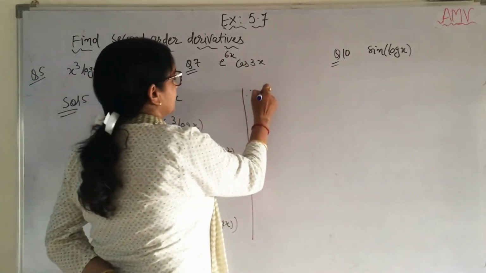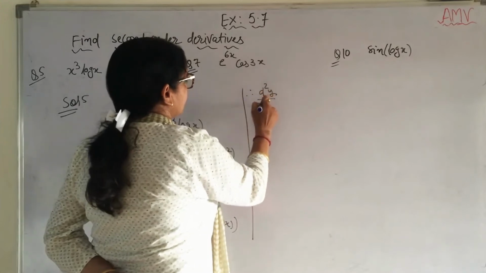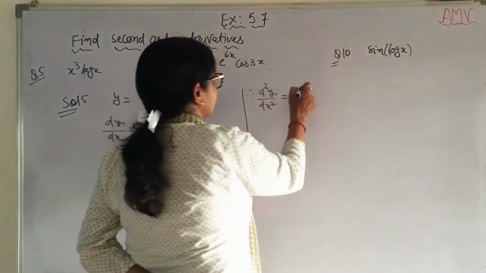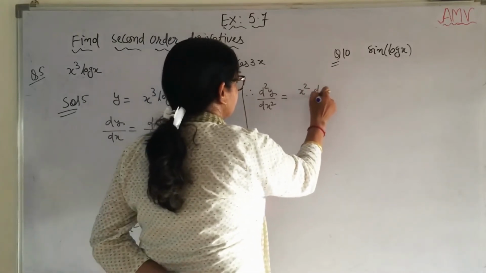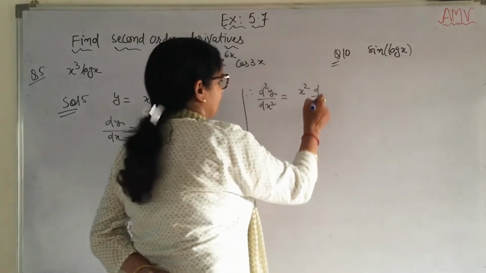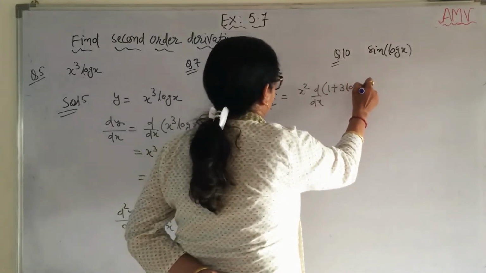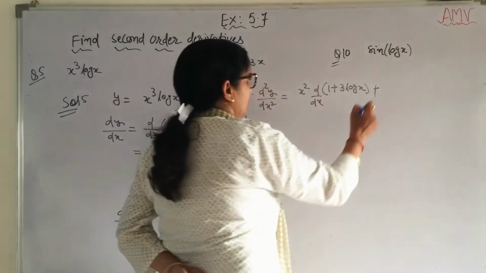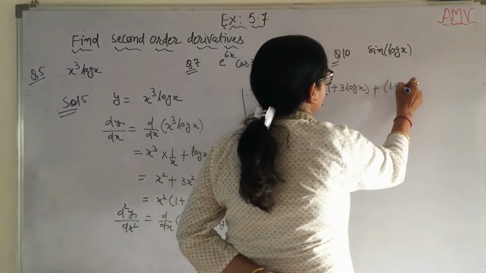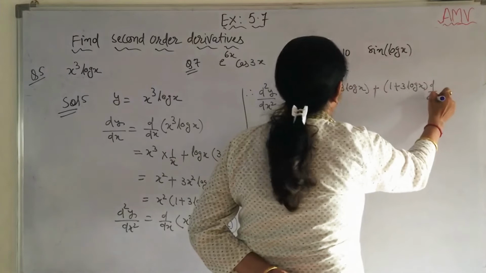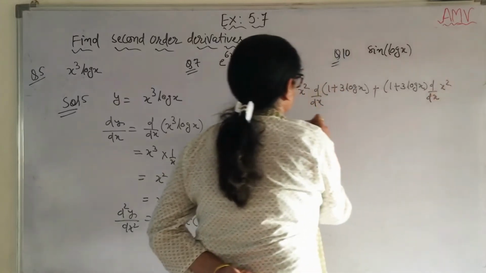So d square y by dx square is first x square as it is, d by dx of 1 plus 3 log x, and now 1 plus 3 log x written as it is, and derivative of x square.